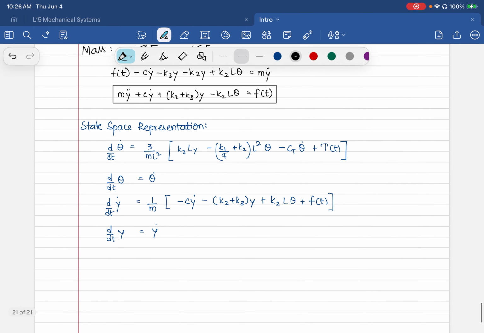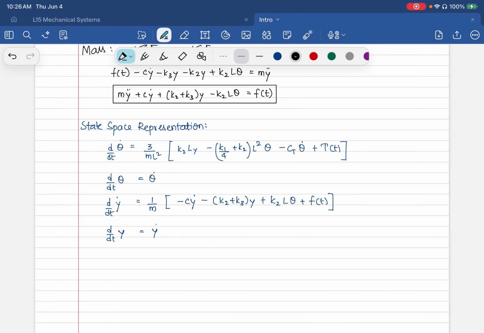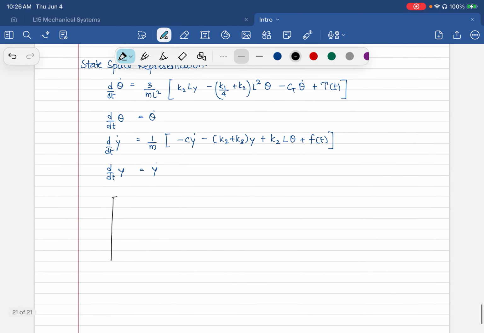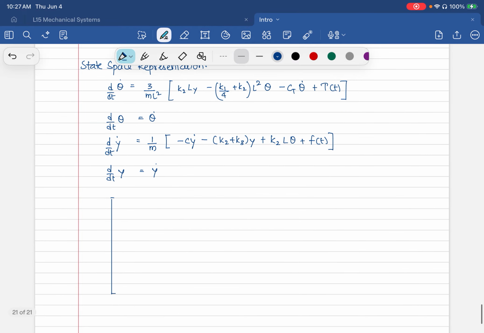In this case, I don't want to keep writing d dt, so I'm just going to write the differentiated form of the state vector. So I want to give myself enough space to do this because I see that there are many state vectors, state variables.